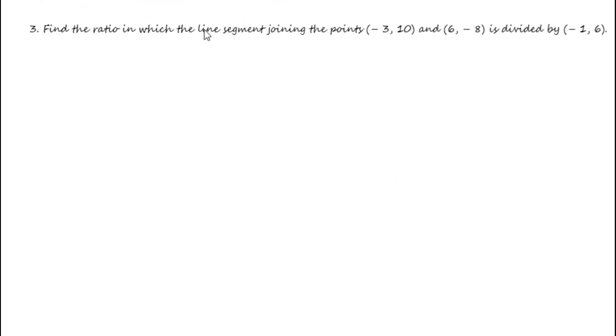Find the ratio in which the line segment joining points (minus 3, 10) and (6, minus 8) is divided by this point. So let us take point A as (minus 3, 10) and B is (6, minus 8).